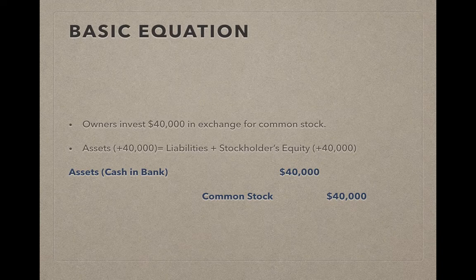And I put the journal here as assets, or probably the company will input the account as cash in bank. I put the element of assets here, which is cash in bank, or cash in maybe the name of the bank.